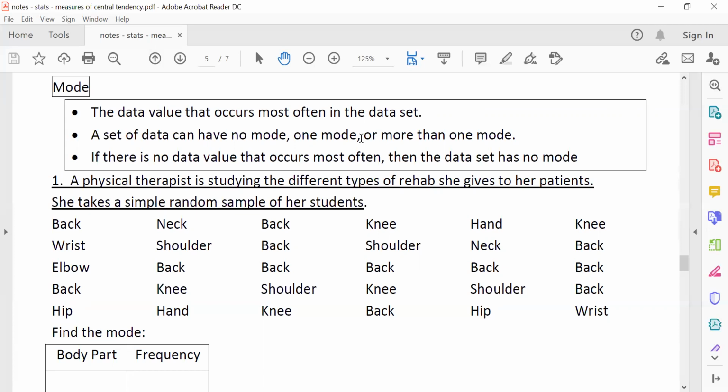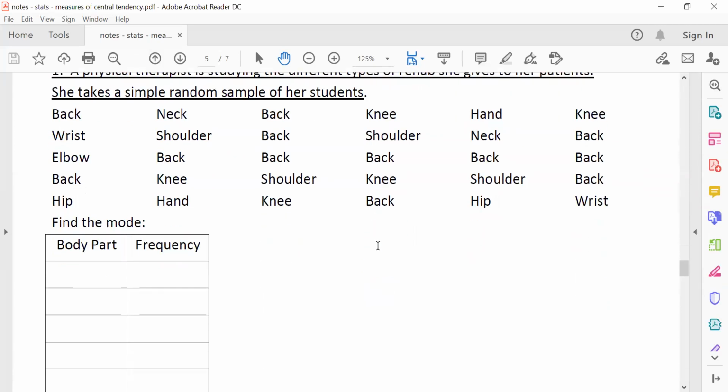If everything occurs exactly the same number of times, say everything occurred once, or every value occurred exactly twice, no one value dominates, so you can have no mode. The mode isn't 0, there just isn't one. So the mode can get really funky really fast.